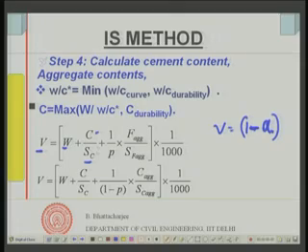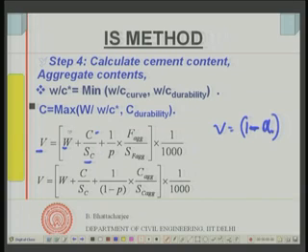And C divided by the specific gravity of cement, which is usually taken as 3.15. So, C is the cement in kg, divided by 3.15 and by 1000, that is the volume occupied by the cement.